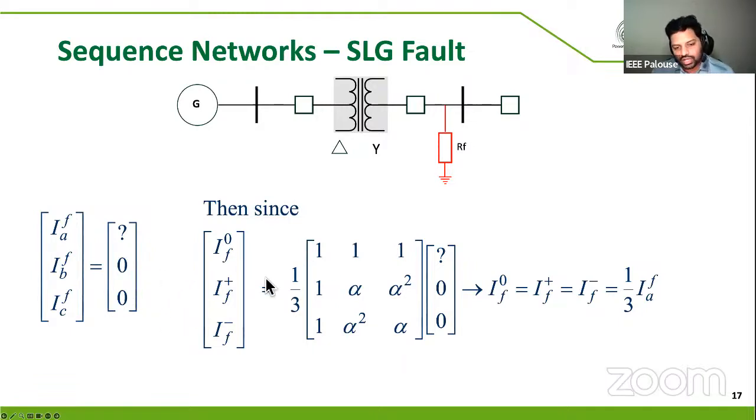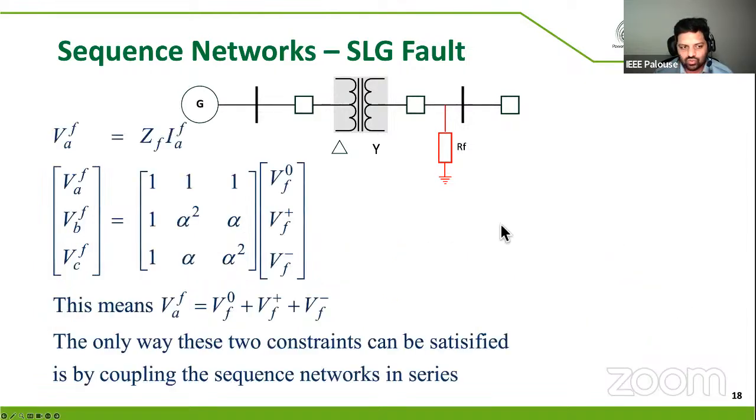So if we plug in our equations to obtain our symmetrical components as the A inverse matrix, you will be getting these equations showing that positive sequence is equal to zero sequence, which is equal to the negative sequence.